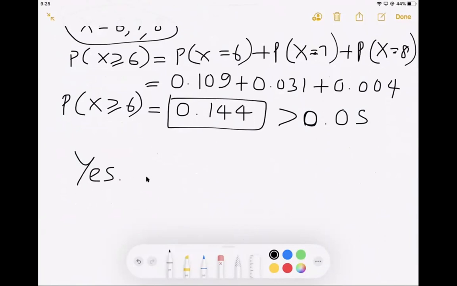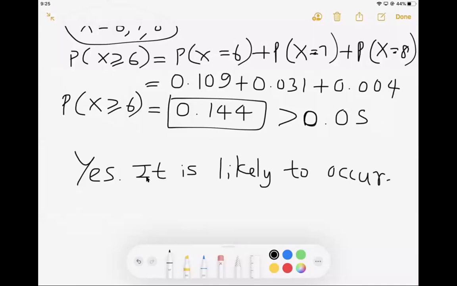So we can say yes, it is likely to occur. So that is the answer. These are the answers for slide number 35.